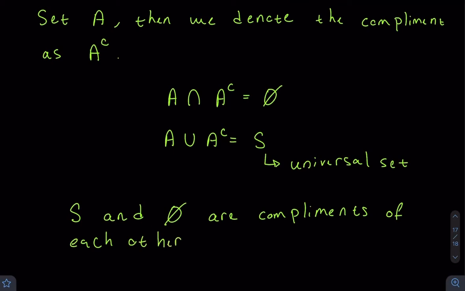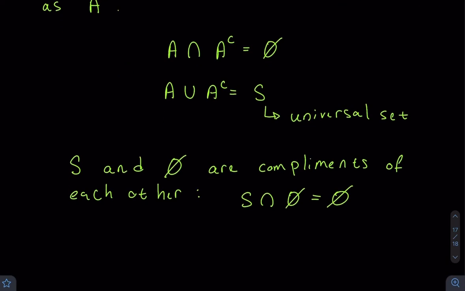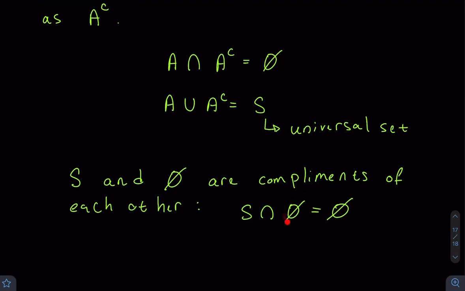Because the intersection between them must be empty, because the empty set contains no elements and the universal set is a non-empty set, so it contains elements. So their intersection will be empty because they contain no common elements with each other.